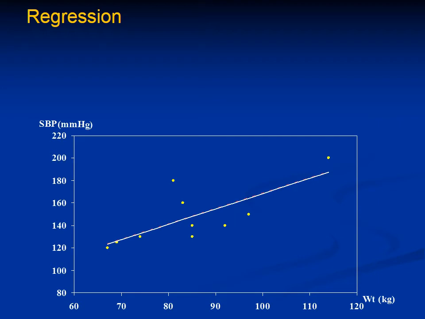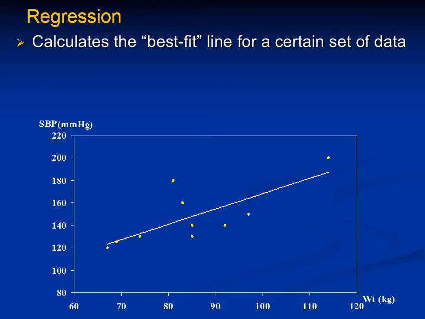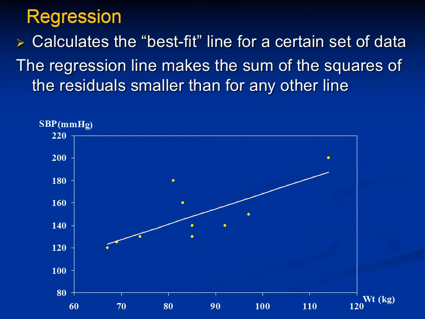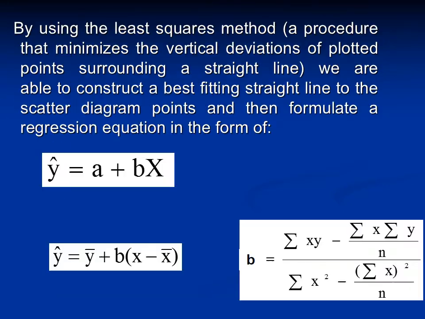It gives you the deviations between these observations that you have plotted on a scatter plot, or how close they are to the line of best fit. The regression line makes the sum of squares of the residuals smaller than any other line.